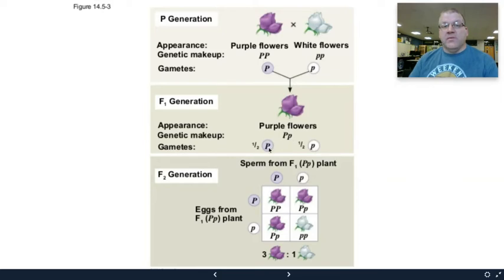So the gametes will be half dominant and half recessive. Okay, we can include that in the Punnett square. And it develops, as you can see here, a 3-to-1 ratio. 3 of these plants will be dominant, either homozygous dominant or heterozygous. And 1 of these plants will be homozygous recessive.